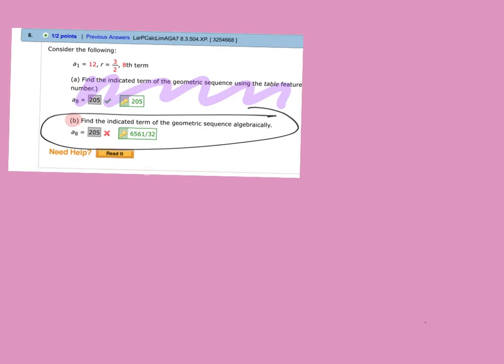So I'm going to figure out that my An is A1, which is 12, times R, which is 3 halves, to the n minus 1. And then I want to find the 8th term. So 12 times 3 halves to the 8 minus 1, which becomes 12 times 3 halves to the 7th. And then 3 to the 7th is 2,187, and 2 to the 7th is 128.